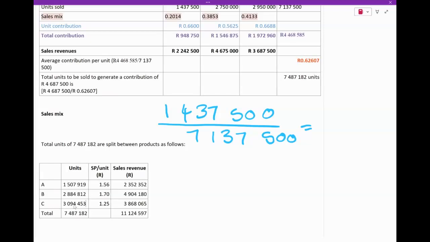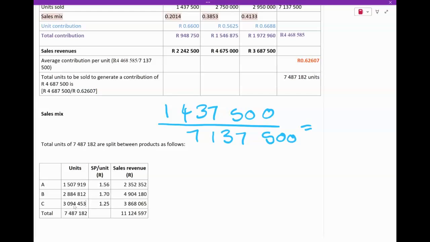I saw a hand, yes? The rounding. Right. The reason why that is the case is because that total is without rounding.